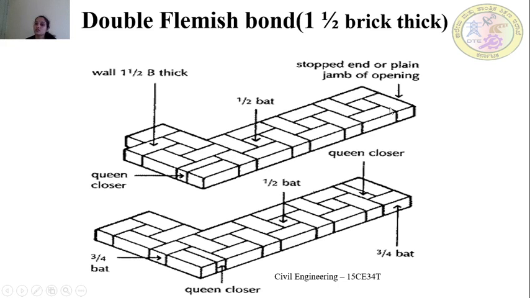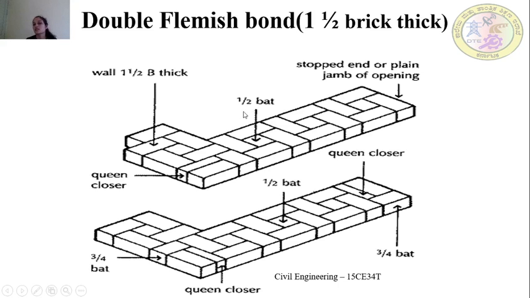And again in this particular 1.5 brick, we have placed the stretcher, and exactly perpendicular to this we have placed one header. Again to this header facing, one more stretcher facing is placed perpendicular. So in this center portion we are utilizing the half bat.